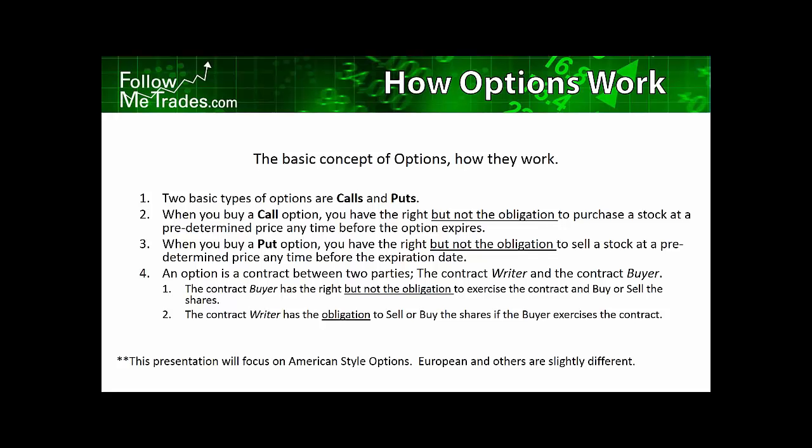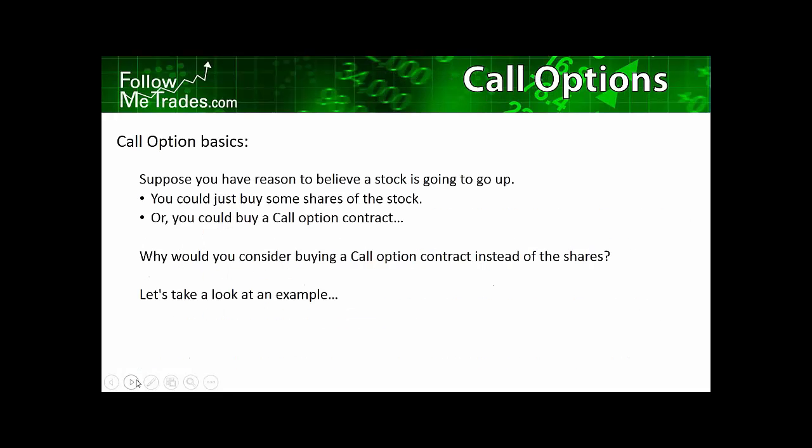If you exercise your right as a buyer, they must buy or sell the shares when you exercise. Now, we'll focus on American-style options. There are other styles out there, European and others. American-style options let you exercise any time before expiration. European has a different treatment, and I'm not looking at that.